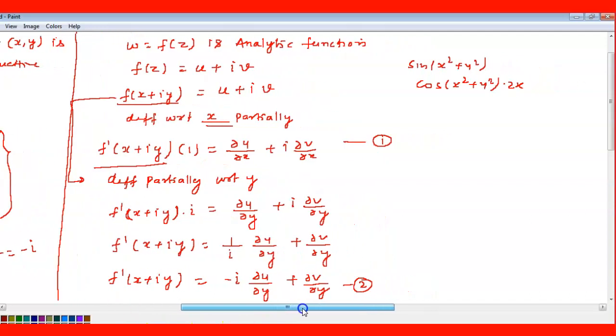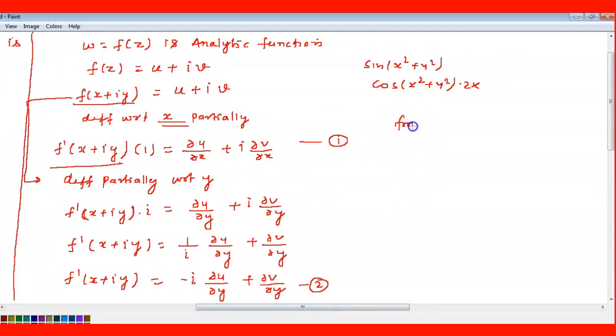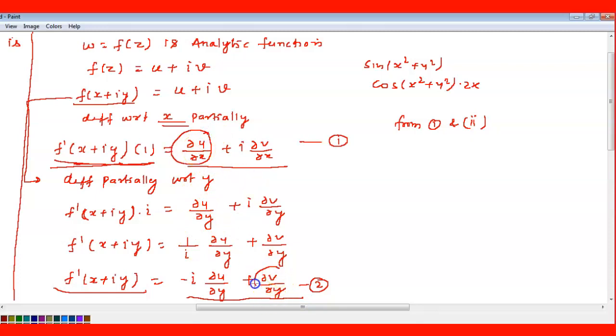So from equations 1 and 2 we can write: the left hand side is the same, so the right side also should be the same. If you compare, the real parts will be the same: del u by del x is equal to del v by del y.